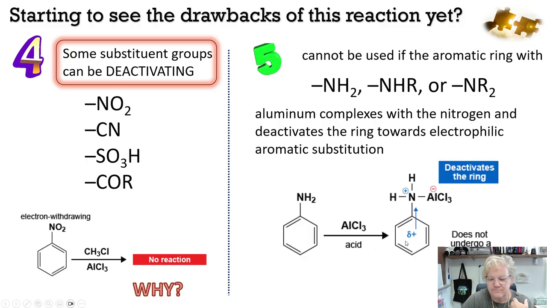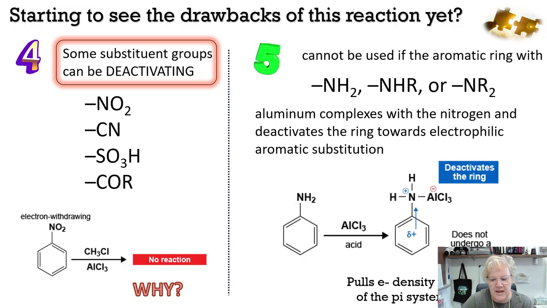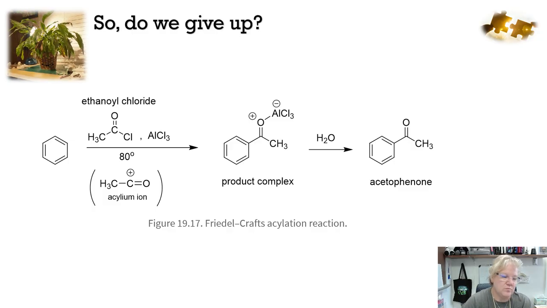It completely kills your Friedel-Crafts reaction. Okay, so amine substituents on there. These substituents, which are electron withdrawing, are deactivating, can be problems. All right, pulls electron density out of the pi system. That's the main key.